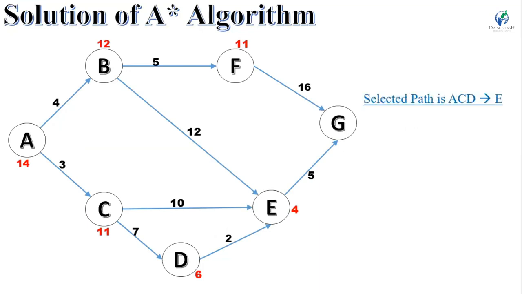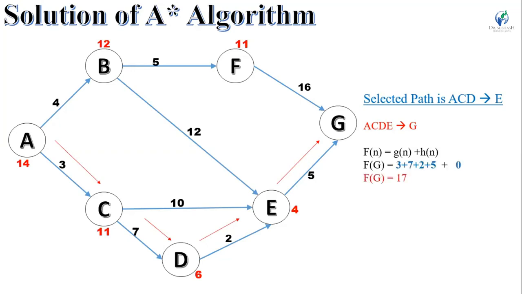With the help of the ACD to E path, we can reach G because G is a neighbor node of E. We find the cost of G. The actual cost to reach G is 3 plus 7 plus 2 plus 5, meaning 17, and the heuristic value of G is 0 because it is our goal node. So the cost of G is 17 and it is the cheapest value compared to other paths.